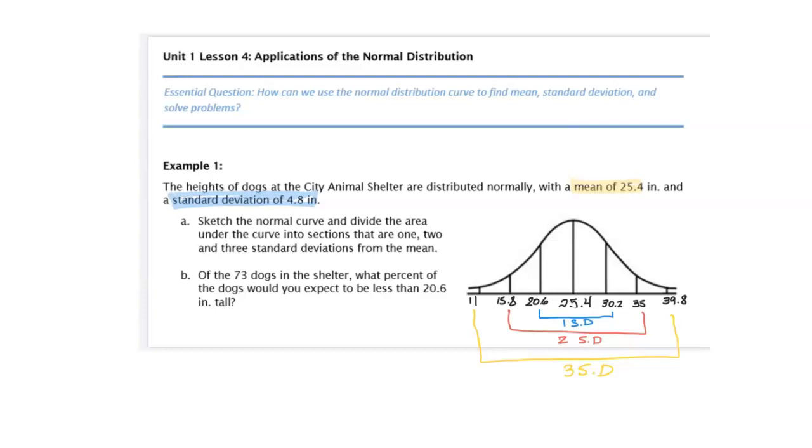So those are your 3 standard deviations. 1 standard deviation is 1 to the left and 1 to the right. 2 standard deviations, 2 to the left of the mean and 2 to the right of the mean. So that whole section would be 2 standard deviations. And then 3 standard deviations, 1, 2, 3 intervals to the left and 1, 2, 3 intervals to the right. Together, that makes up 3 standard deviations. Once again, just a review.